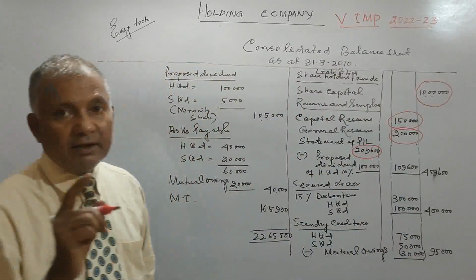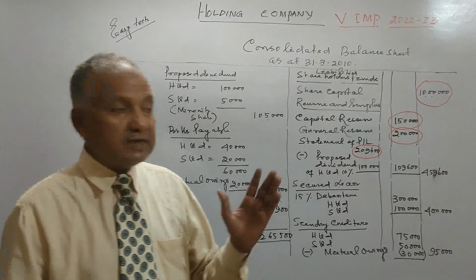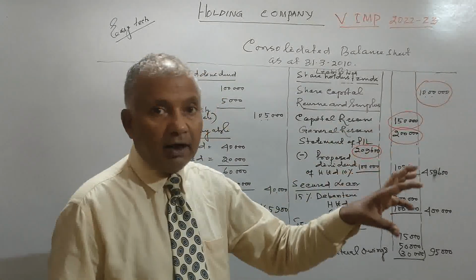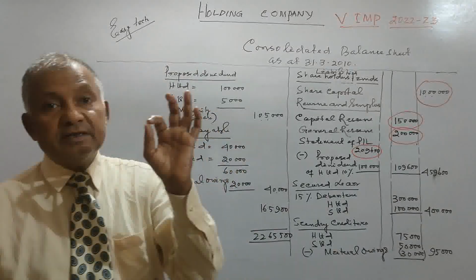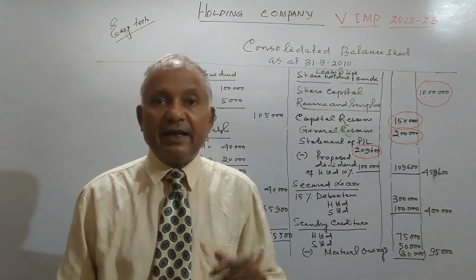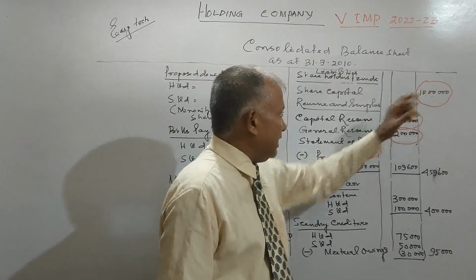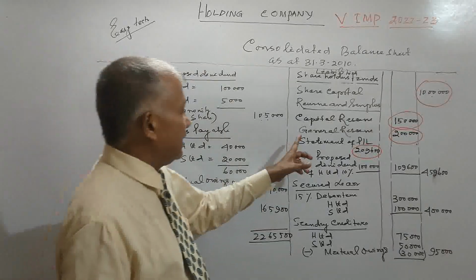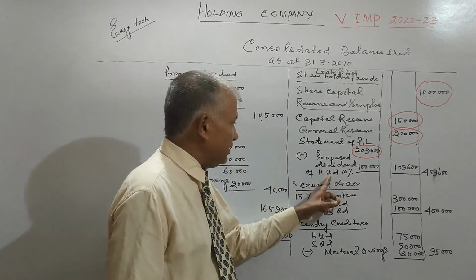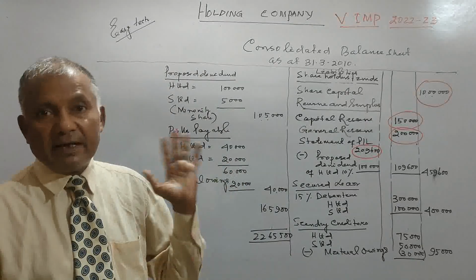In statement 4, PL was 2,09,600. But if we go for the adjustment, we will see the holding company is declaring proposed dividend 10%. The holding company share capital is 10 lakh, and on 10 lakh the proposed dividend is 1 lakh. 10 lakh into 10%.